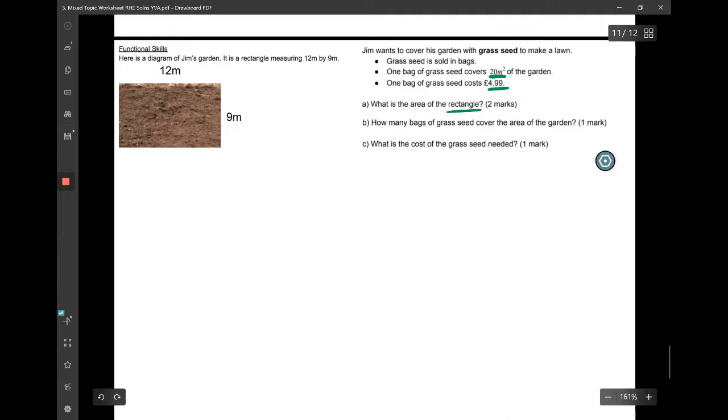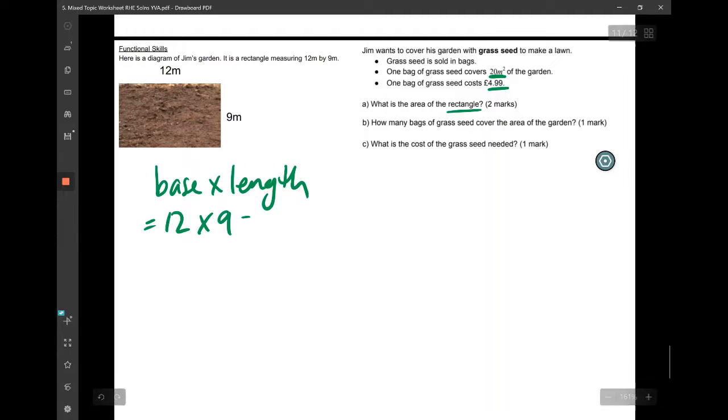Well, the area is going to be base times length. That's going to be 12 times 9, which is 108 meters squared. How many bags of grass seed cover the area of the garden? Well, that's going to be 108 divided by 20, because each bag is 20 meters squared.